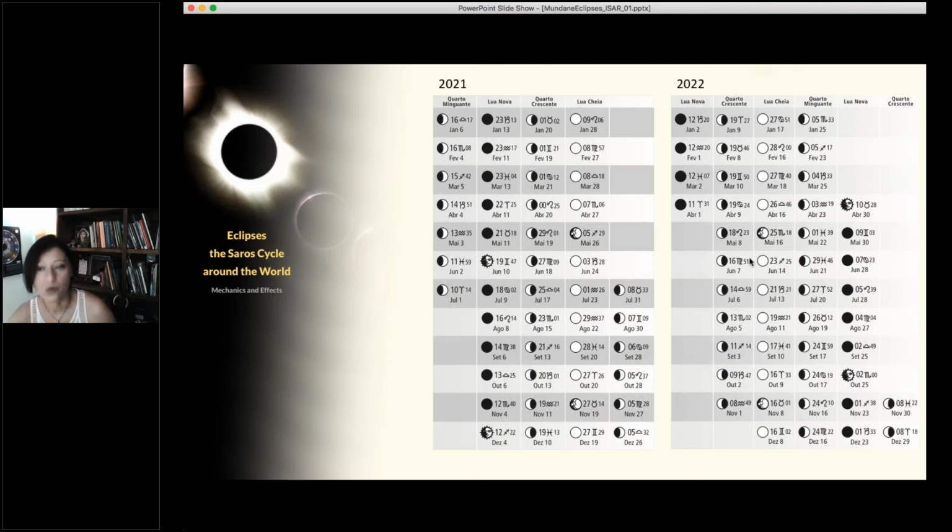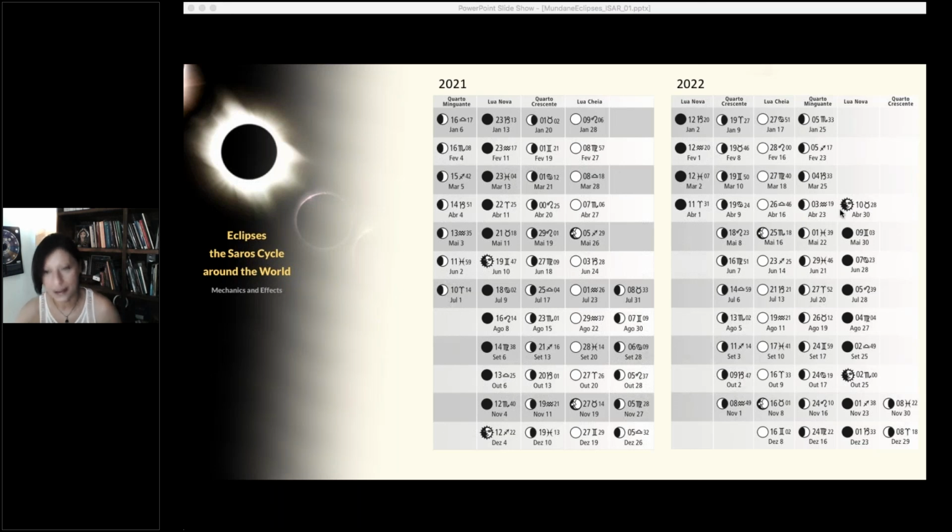And now we are having all of the eclipses in the same axis of Taurus and Scorpio.